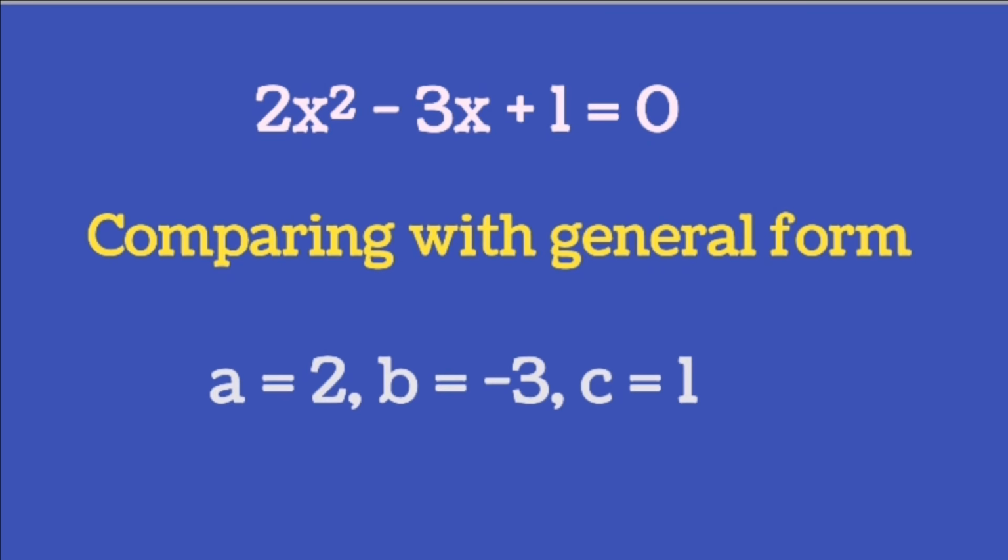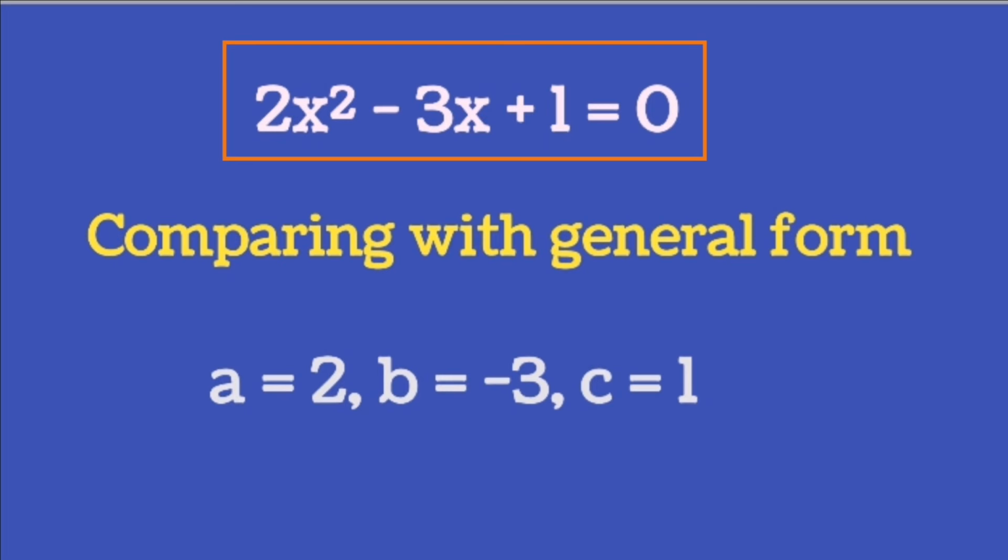Now we discuss the example 2x square minus 3x plus 1 is equal to 0 with the help of the quadratic formula.